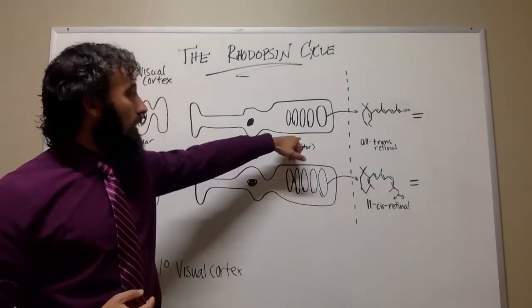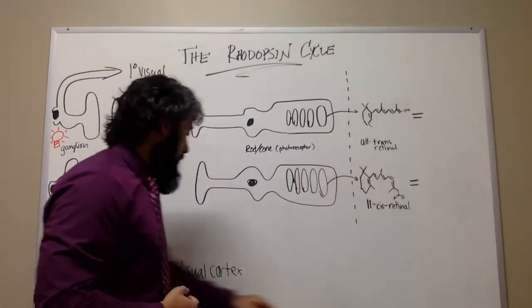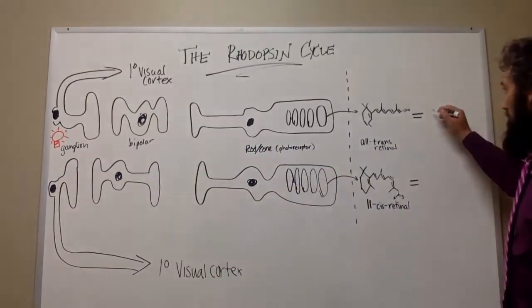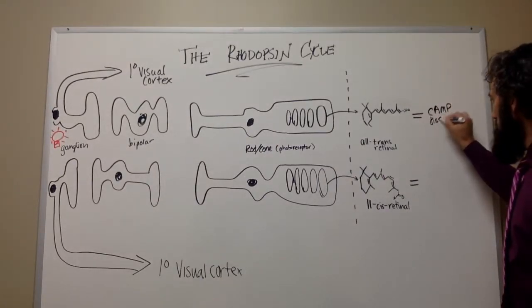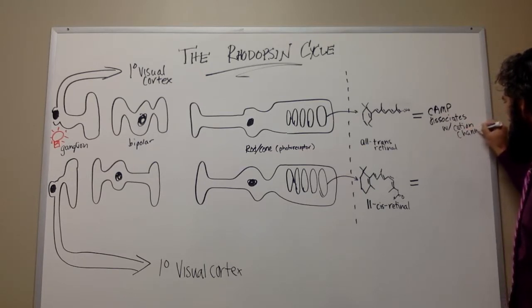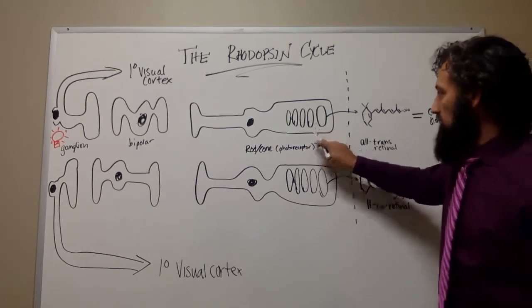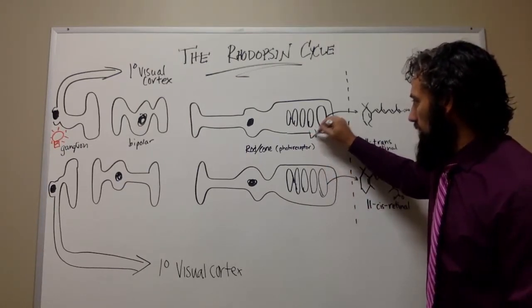Once again, when we have this retinol in its all trans form, then cyclic AMP dissociates with the channel. And if there is this cation channel on the surface, it is now going to be closed.